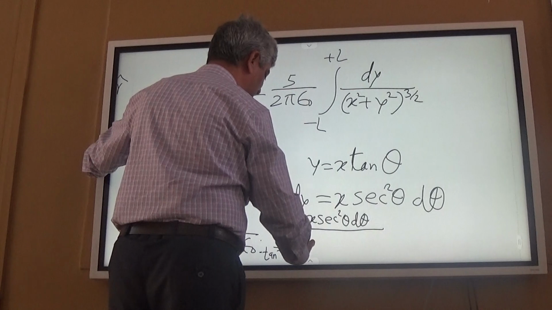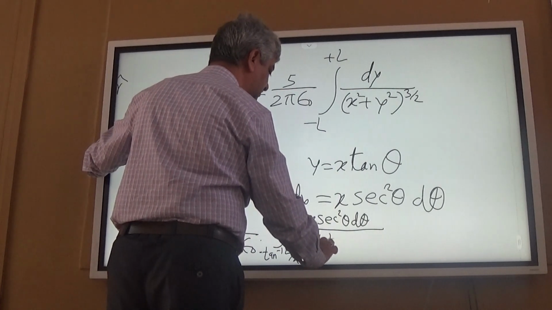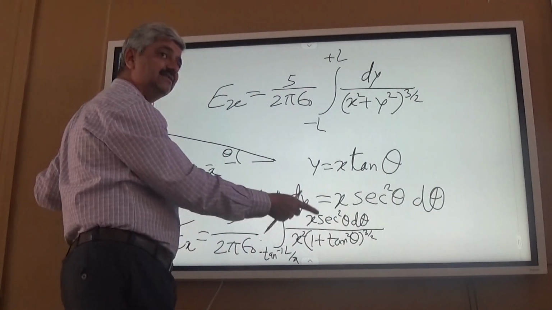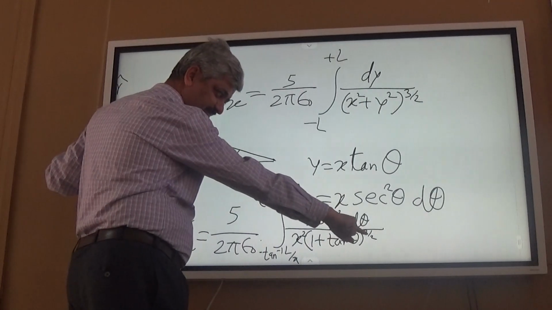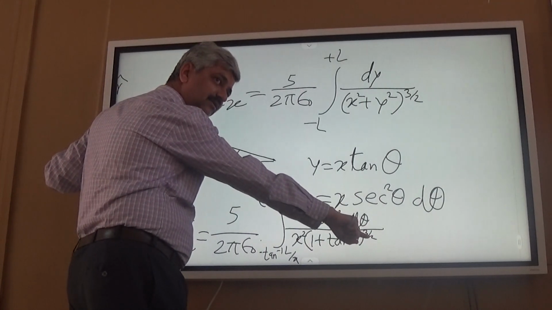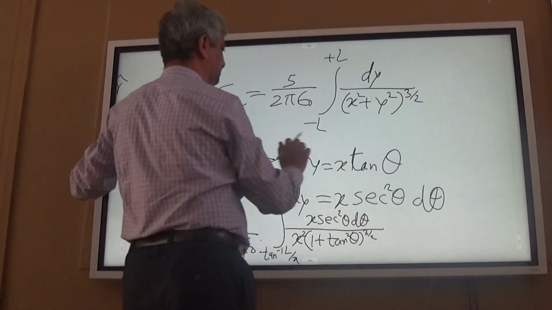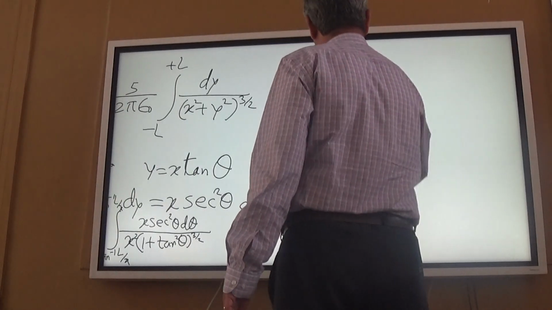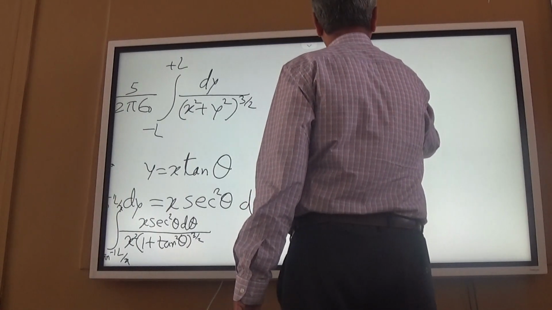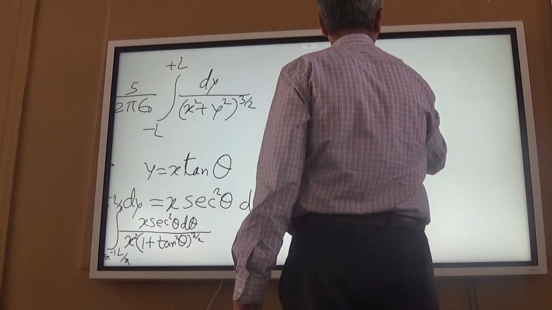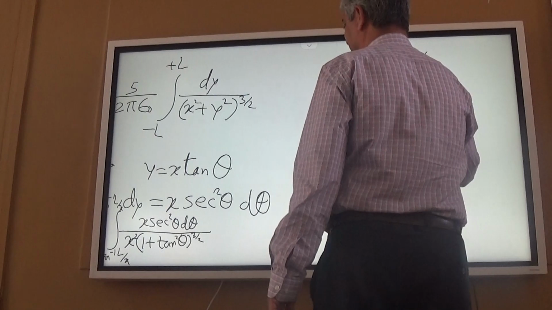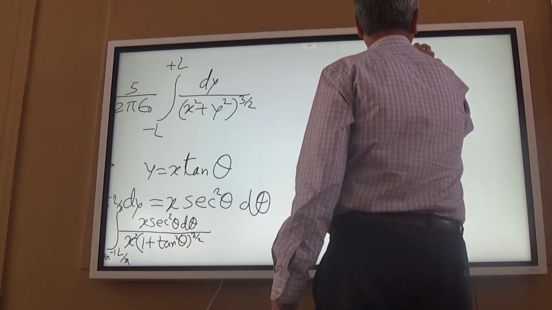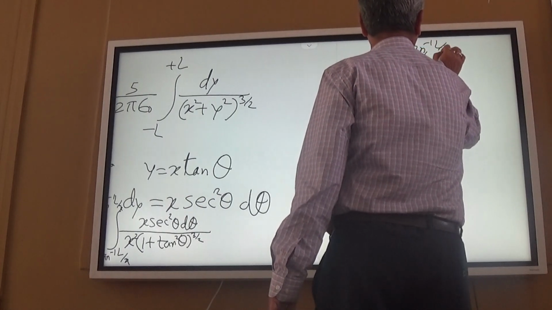So x square comes common, 1 plus tan square theta raised to 3 by 2. 1 plus tan square is sec square, its root, so sec cube theta. So this is Ex is equal to 5 upon 2 pi epsilon naught integration from minus tan inverse L upon x to plus tan inverse L upon x.